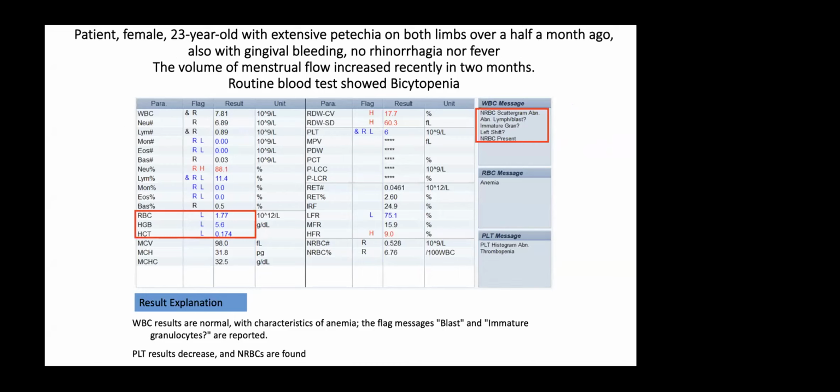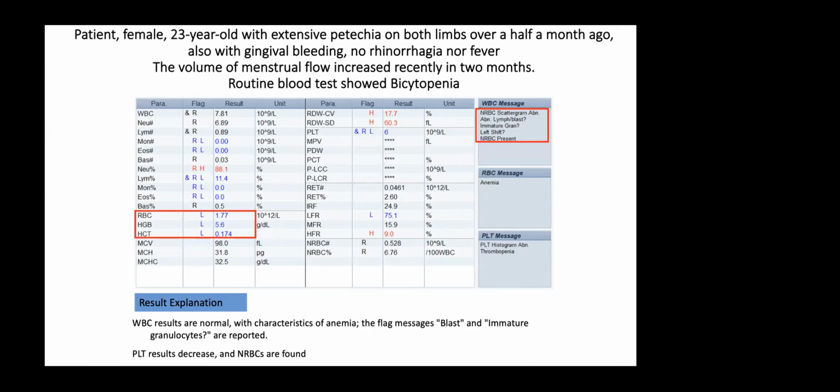For case 1, this is a 25-year-old female who presented with petechial rashes on both limbs. She also presented with gingival bleeding and increased volume of menstrual flow. The routine blood test, as you can see here, showed anemia at 5.6 and thrombocytopenia at 6.